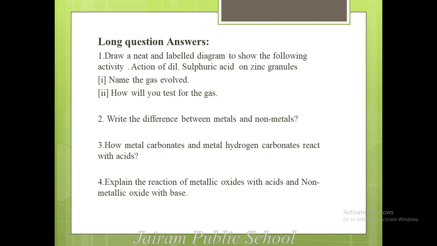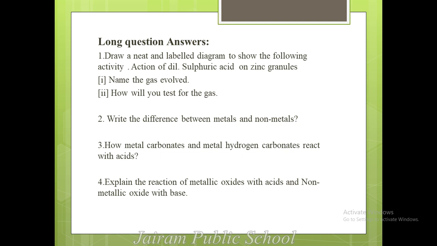The color of the solution becomes blue green and the copper oxide dissolves, due to the formation of copper 2 chloride in the reacting vessel. So the equation for that is: metal oxide, that is copper oxide, reacts with dilute HCl, it will give copper 2 chloride plus water. That is the answer for metallic oxides with acids.